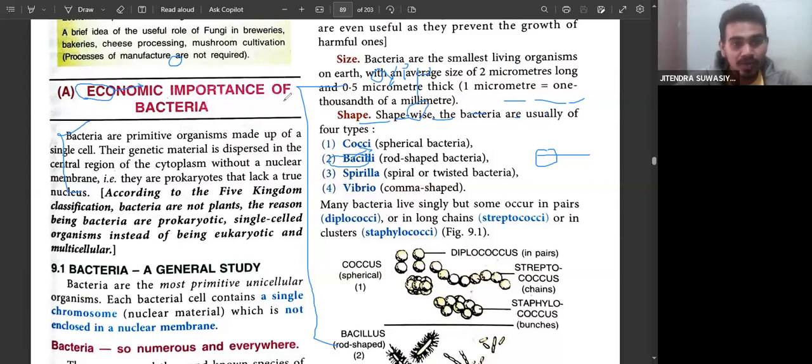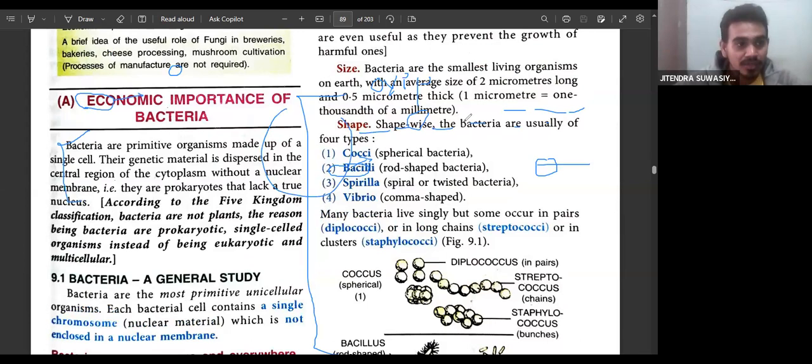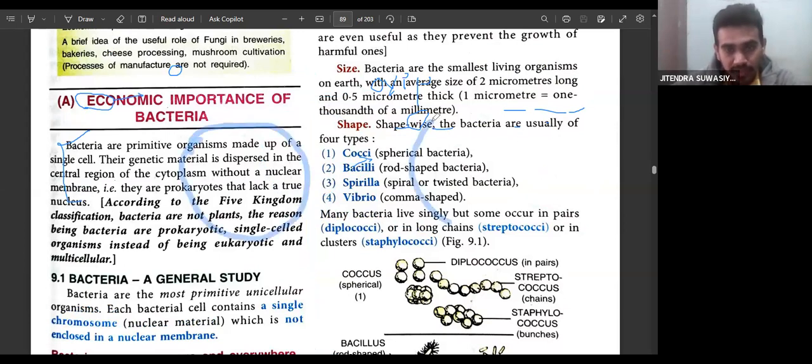We have two types of cells, prokaryotic cells and eukaryotic cells, right? Eukaryotic means the cell has a true nucleus, and prokaryotic has a primitive type of nucleus.